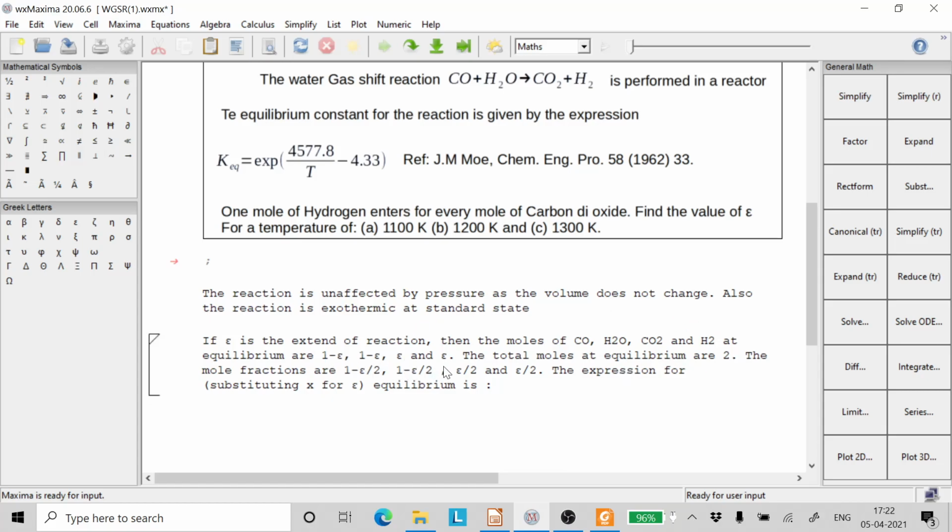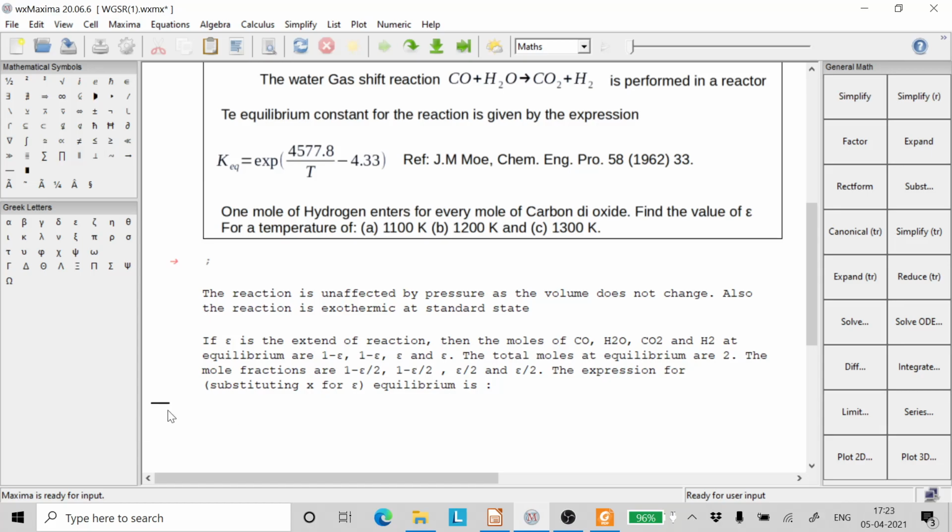We add all this: 1 minus epsilon, 1 minus epsilon makes it 2 minus 2 epsilon, and this is 2 epsilon, so we add it and we get 2. The mole fractions of each component are: carbon monoxide is (1 minus epsilon) by 2, steam is (1 minus epsilon) by 2, carbon dioxide is epsilon by 2, and hydrogen is epsilon by 2.